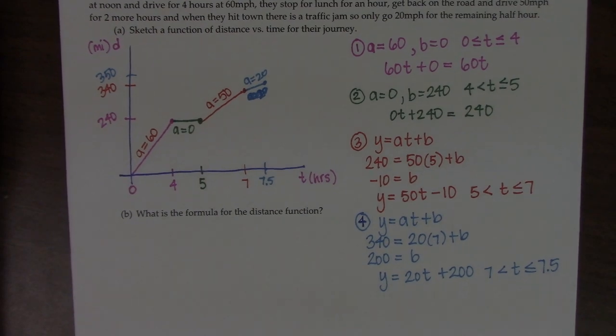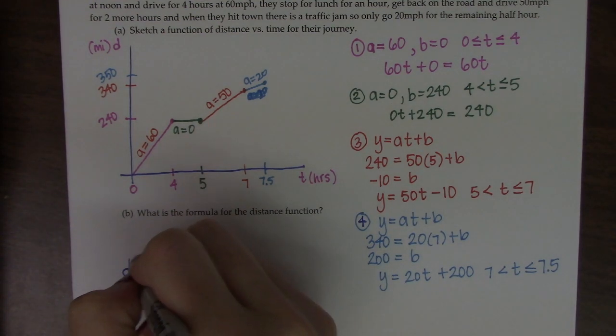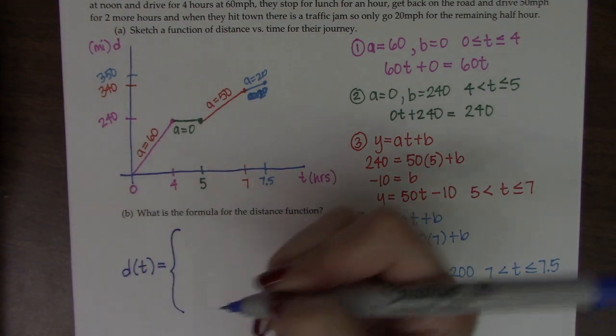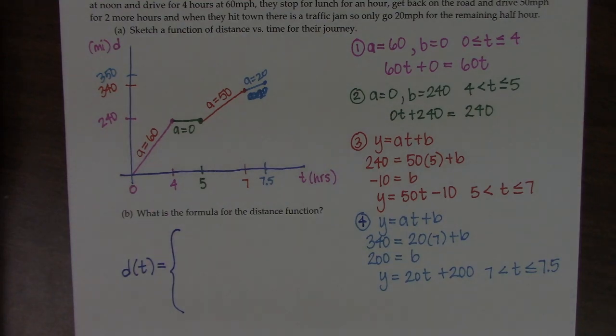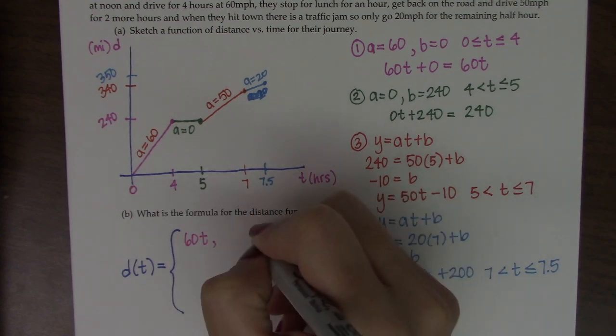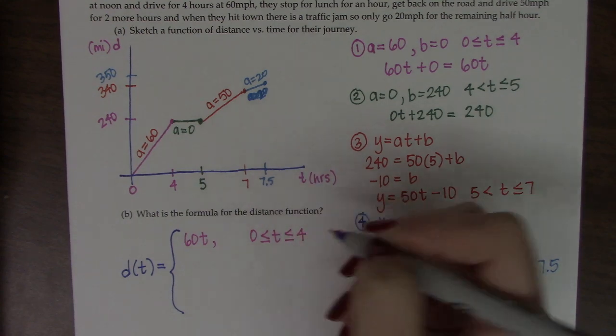So now that we found all of these pieces, we can write the equation in its proper form. So d of t, when we have a piecewise function, we use one curly bracket, and it's two columns. The first column are the equations, and the second column is the domain that goes with that equation. So our first function was 60t, and that was good from 0 to 4.